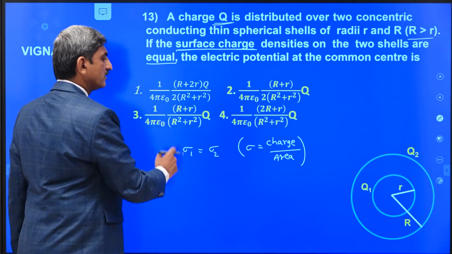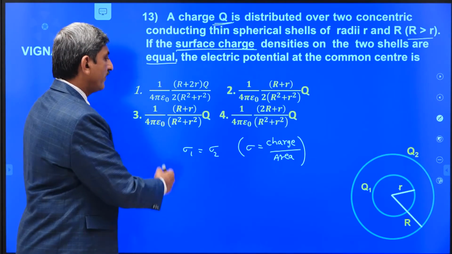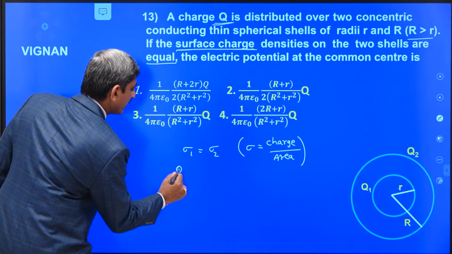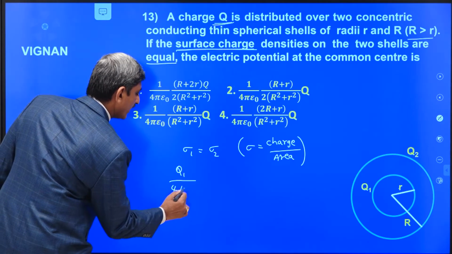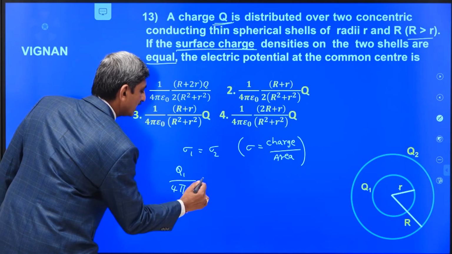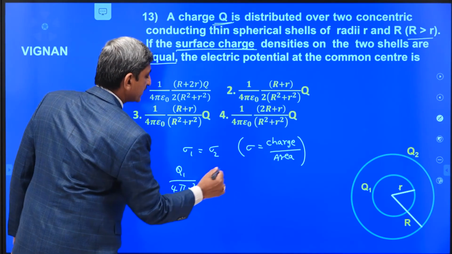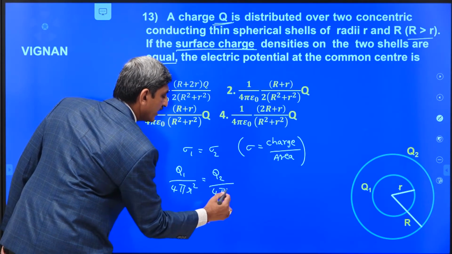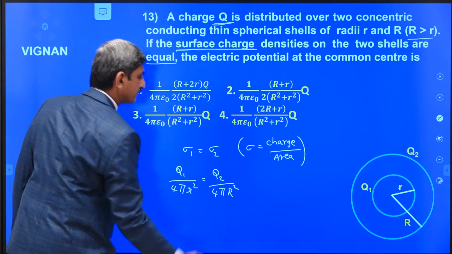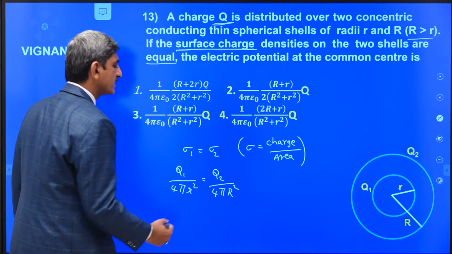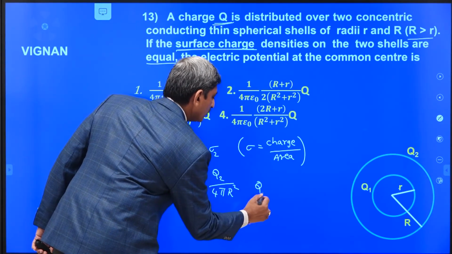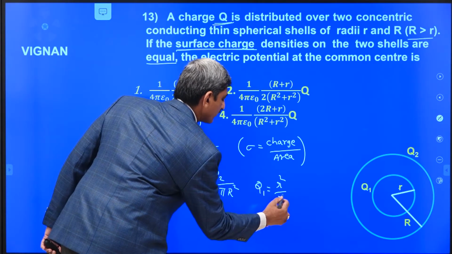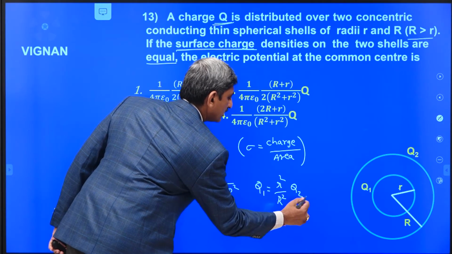Using this concept, the surface charge density for the inner shell is Q1 by 4 pi r square, which is equal to the surface charge density for the outer shell, Q2 divided by 4 pi R square. Here 4 pi gets cancelled and we have Q1 is equal to r square by R square into Q2.